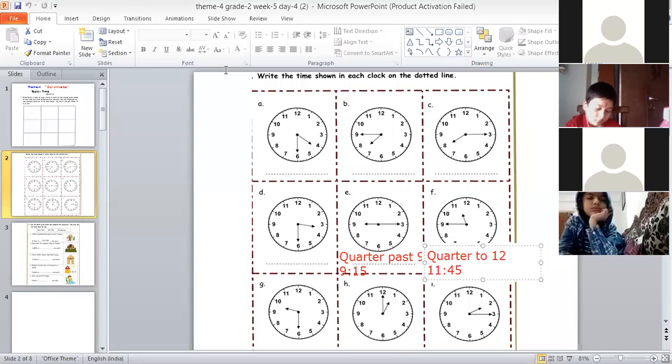Now next. Ashrit. Supratik, please unmute yourself. Supratik, please unmute yourself.